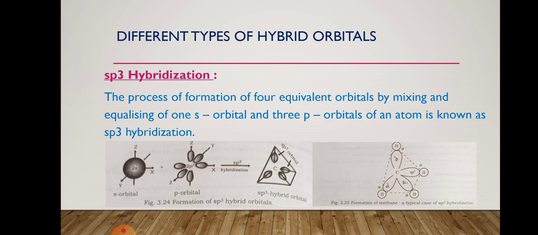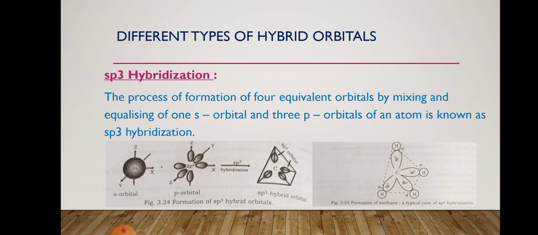The process of formation of four equivalent orbitals by mixing and equalizing of one s orbital and three p orbitals of an atom is known as sp3 hybridization. And in this case, look at the figure please.